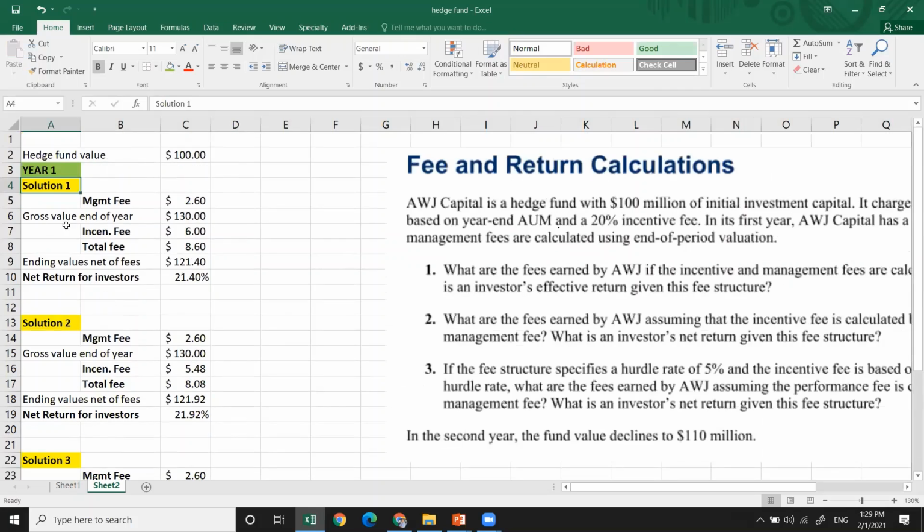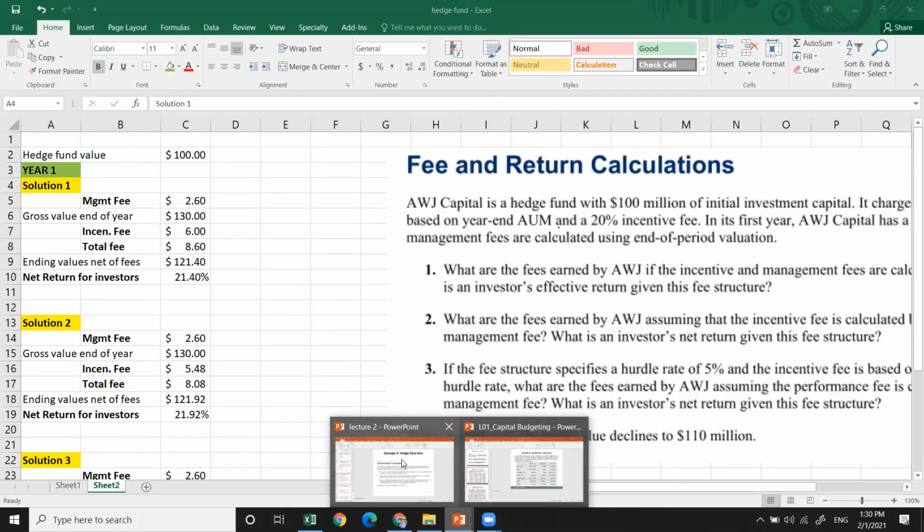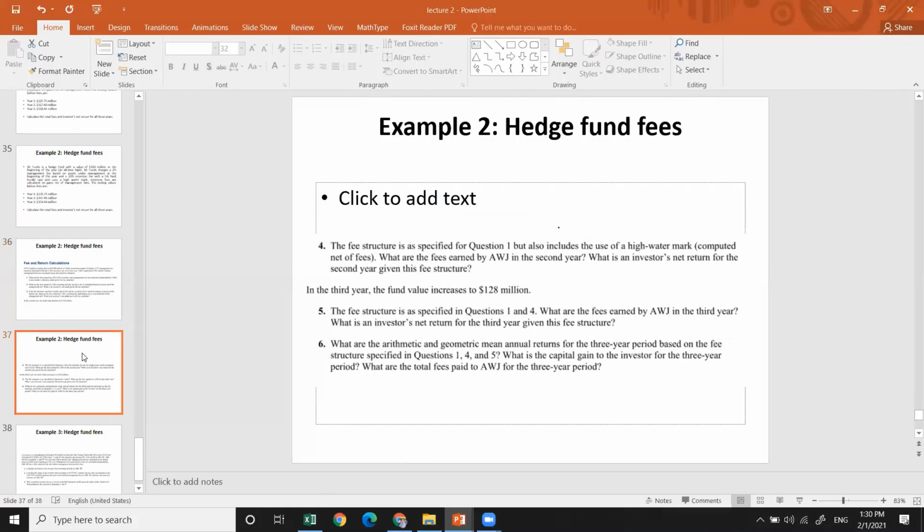Okay. In year 2, I need to see the question. Here's the question. I'll copy it.